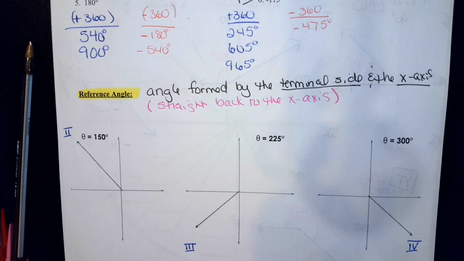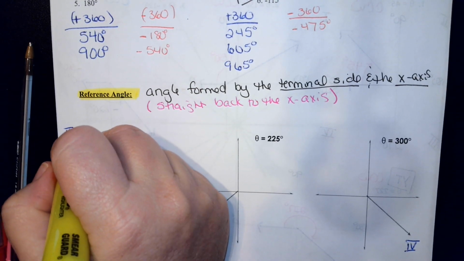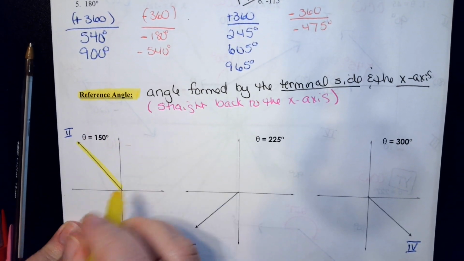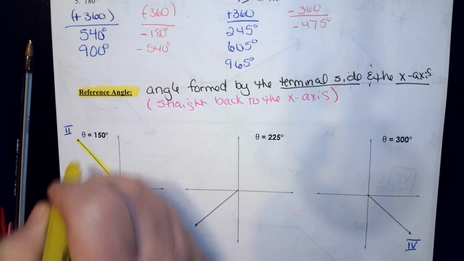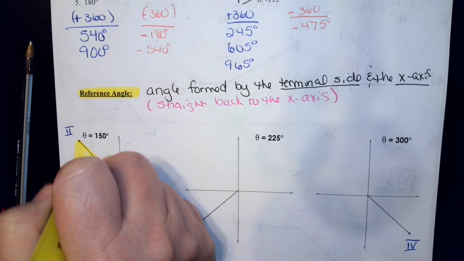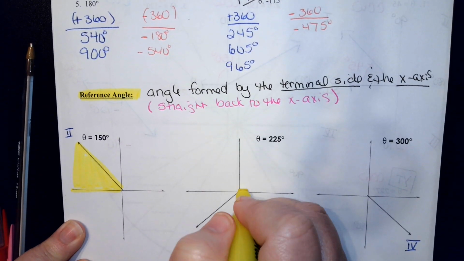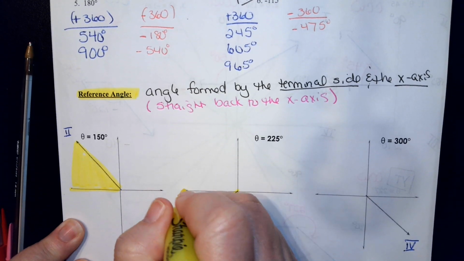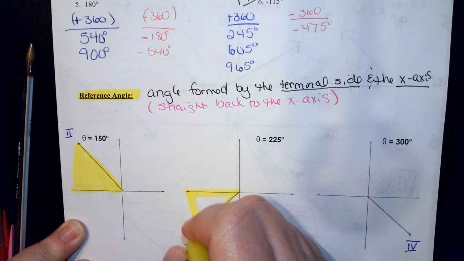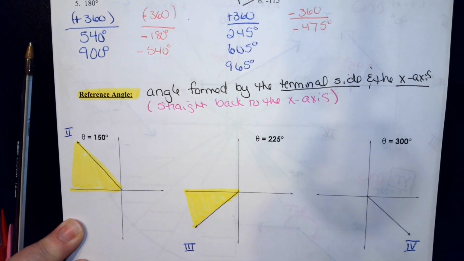Okay. All right, so let's see what a reference angle is. What a reference angle is from the terminal side to the x-axis. So this one right here is the reference angle. From the terminal side and the x-axis. So this one right here is your reference angle.